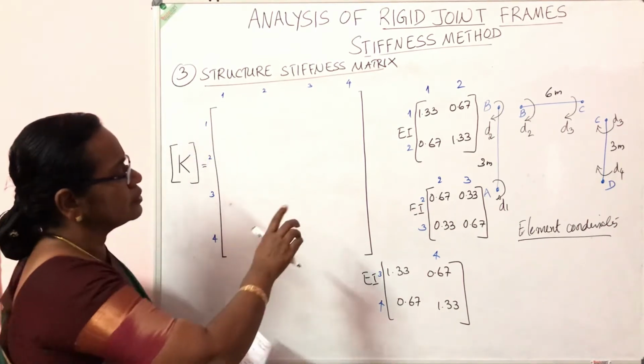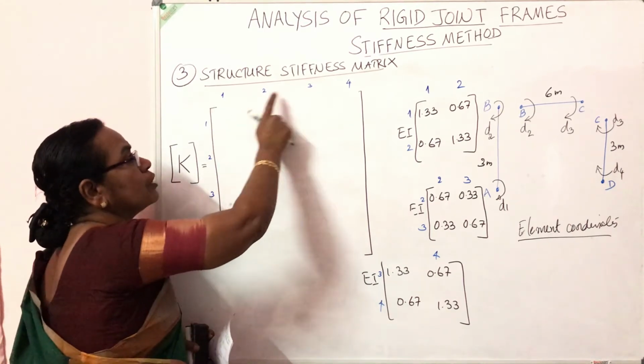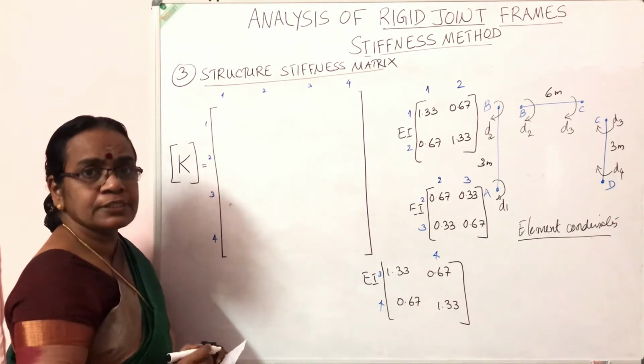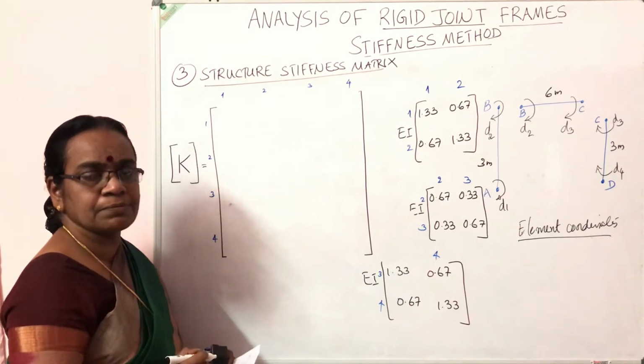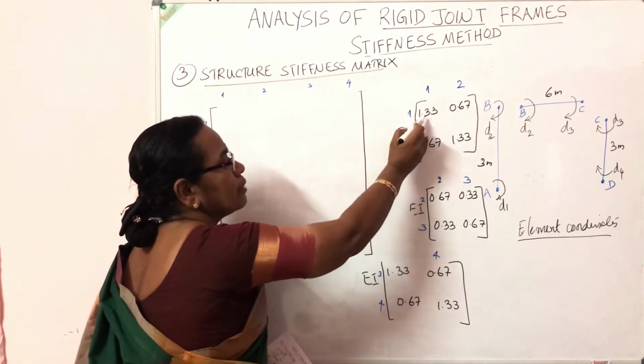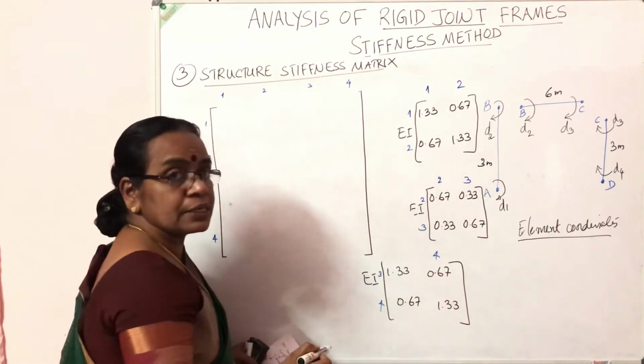So look into the structure stiffness matrix. It's a 4-degree of freedom system, so it should be a 4 by 4 matrix. I have written 1, 2, 3, 4, 1, 2, 3, 4. Now properly post the elements from the element stiffness matrix. First element AB was 1.33, 0.67, 0.67, 1.33.